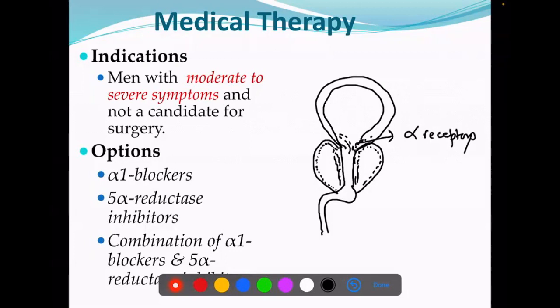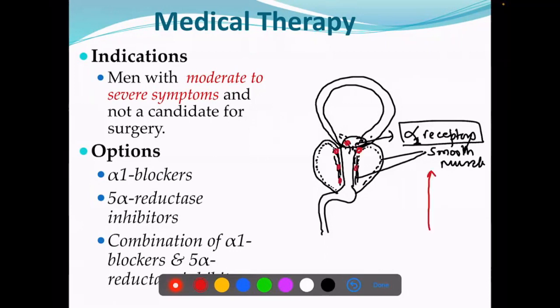Alpha receptors are the receptors for the sympathetic nervous system. They are found in the smooth muscles of the bladder neck and the smooth muscles of the prostate, which are found along the capsule and periurethral area. Specifically, these are alpha-1 receptors.